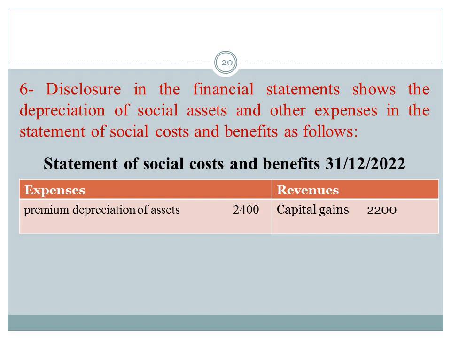Premium depreciation of asset will be in the expenses. According to revenue, we sold an asset and achieved gains. These gains will be revenue, so it will be in the revenue in the financial statement of costs and benefits.